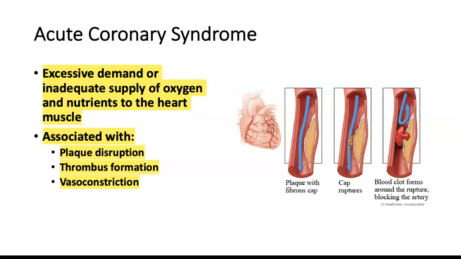A crack in the plaque or a ruptured plaque can increase the stenosis, and a thrombus, as you can see here on the right, can also block perfusion through a coronary artery. If there is blockage due to any of these, the myocardium does not perfuse normally.